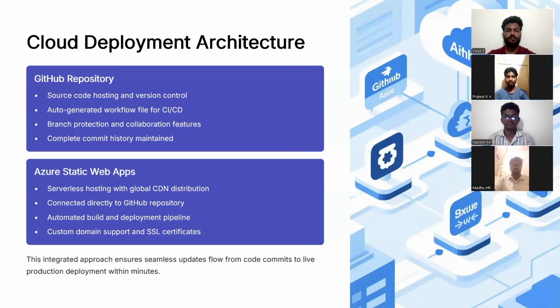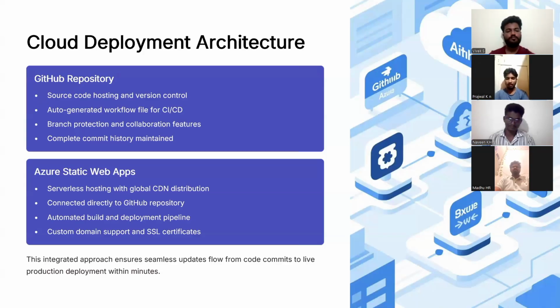This will help our project describe how the portfolio website is hosted using Azure Static Web Apps and integrated with GitHub. The GitHub repository stores all the source code, providing version control and collaboration features, auto-generated workflow files for CI and CD, and maintaining the complete commit history. It also supports branch protection and pull requests.